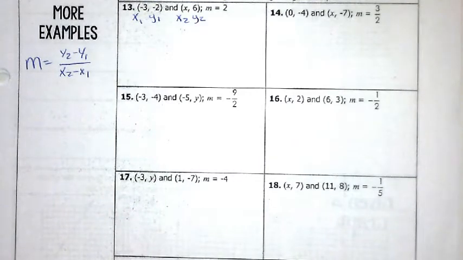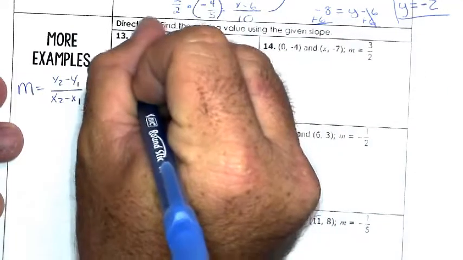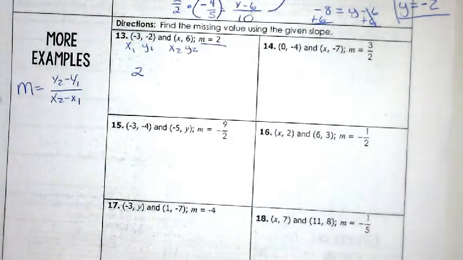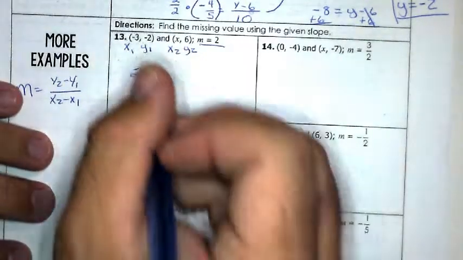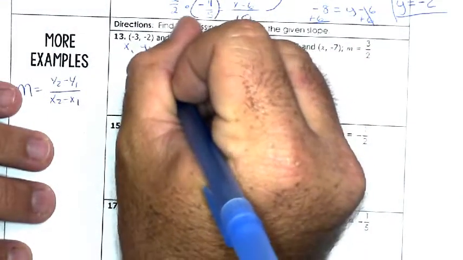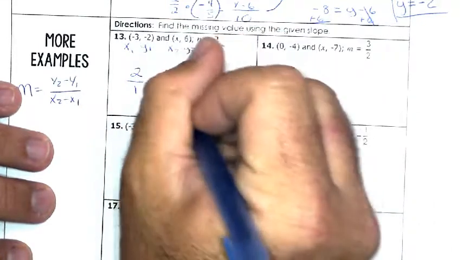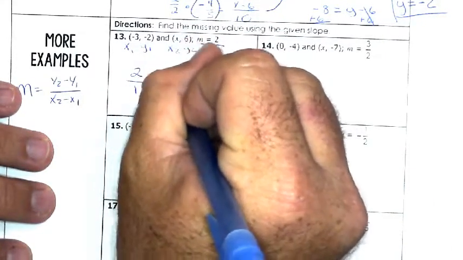So here we go. I have my m. I'll substitute that in. 2. However, I need a denominator. How do I make a whole number a fraction? 1. Put it over 1. Good. Okay? Now I have my y2 minus my y1 over my x2 minus my x1. Step 1, label. Step 2, substitute. Done and done.